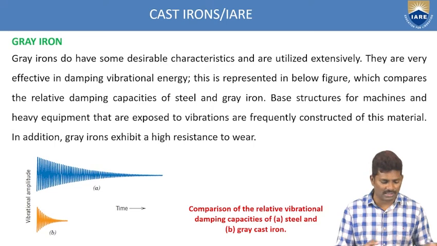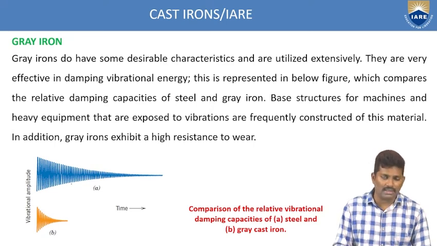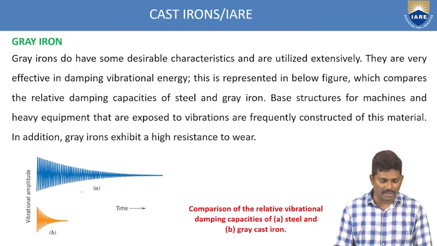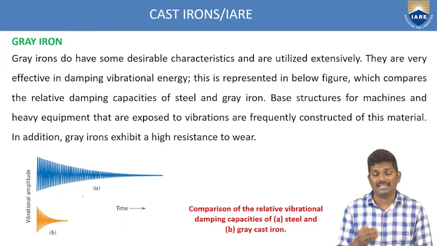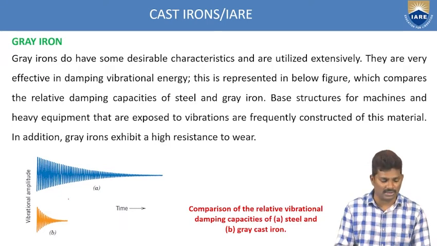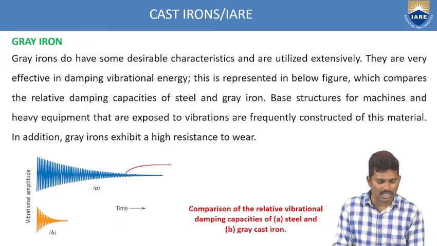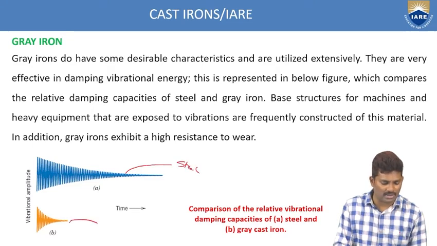Now if you see in this figure, it is a comparison between the vibrations of steel and gray cast iron. This A, the blue color, represents the steel, and this orange color represents the gray iron.